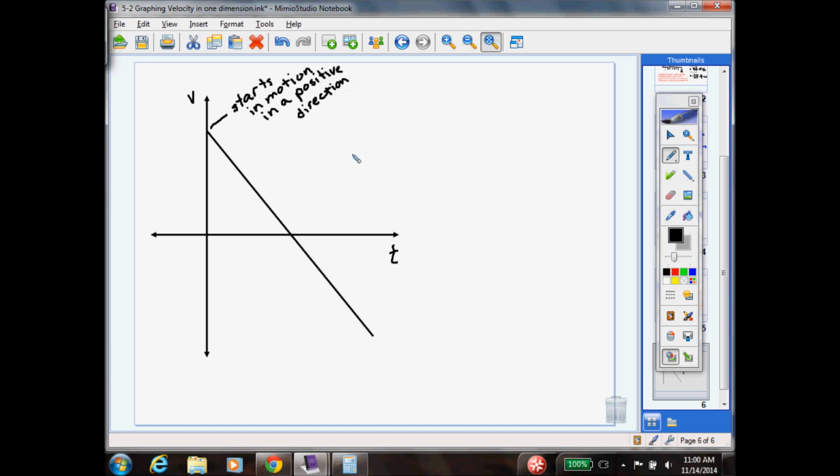We know it's not starting at rest because here the velocity is in the positive direction, whichever the positive direction may be. The positive direction may be up.